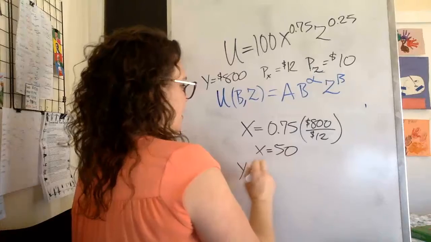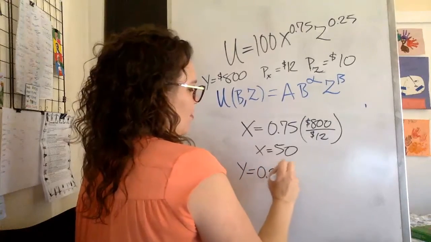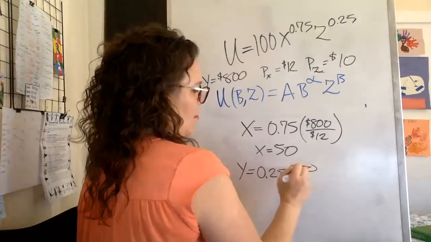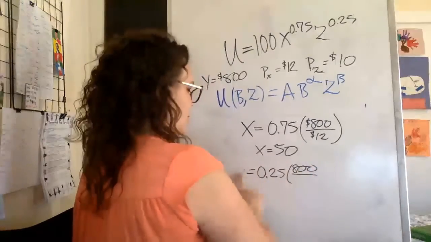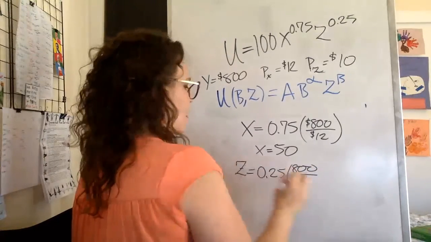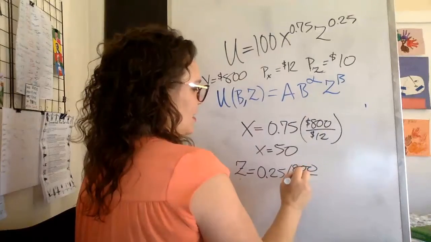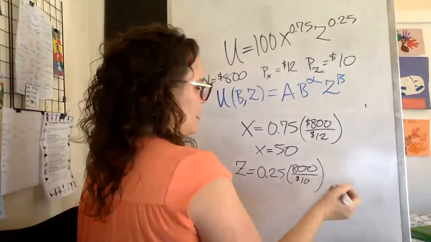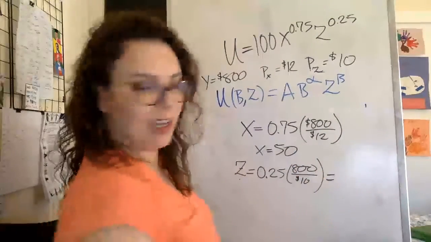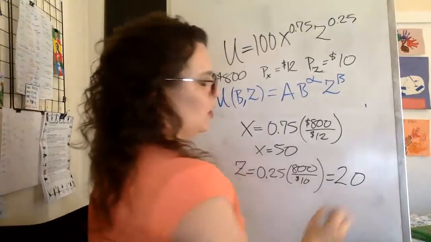For Z, it's going to be 0.25 times income divided by, I keep doing that, it's not Y, it's Z, the price of Z, 10. So 800 divided by 10 is 80 times 0.25 gives us 20.